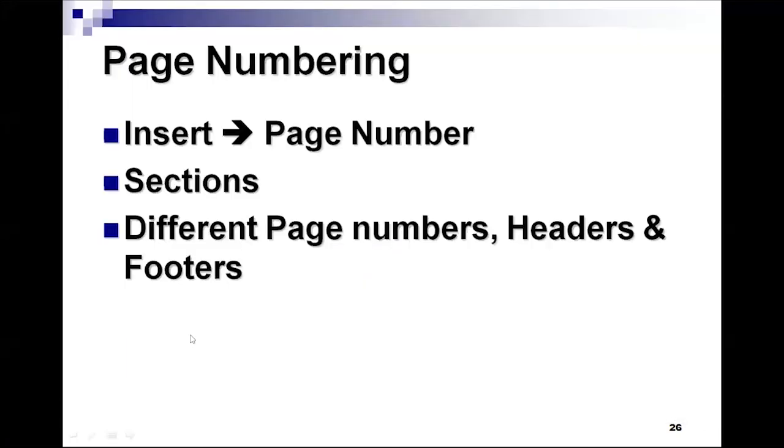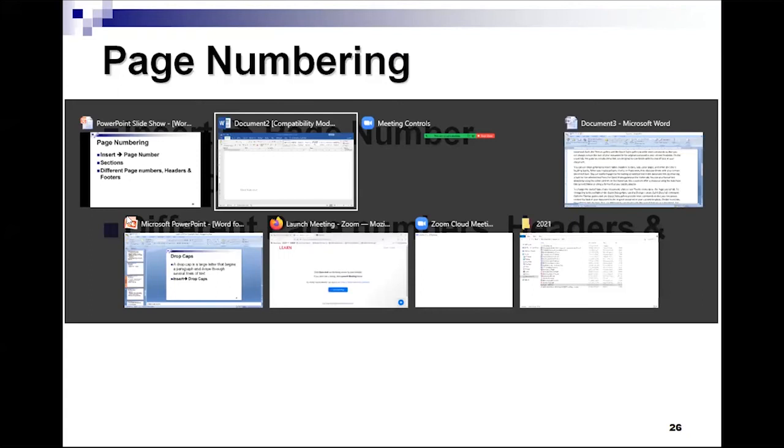That is what I wanted to explain. Simply you can insert page numbering and headers and footers. But if you want different headers and footers or different page numbering styles, you need to divide sections. I will show you how to do it.